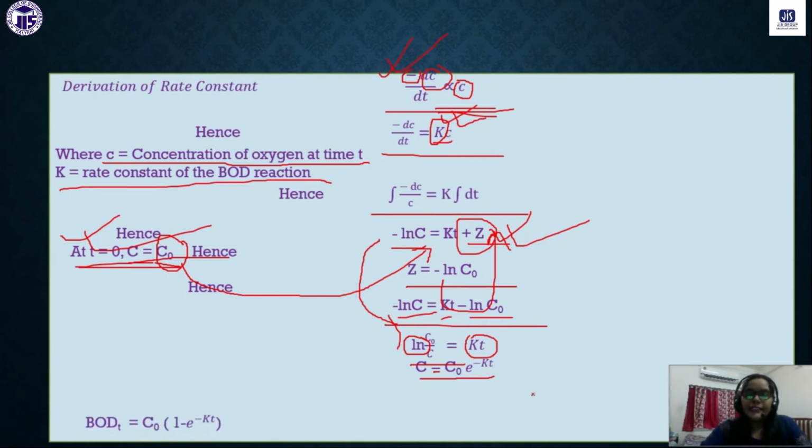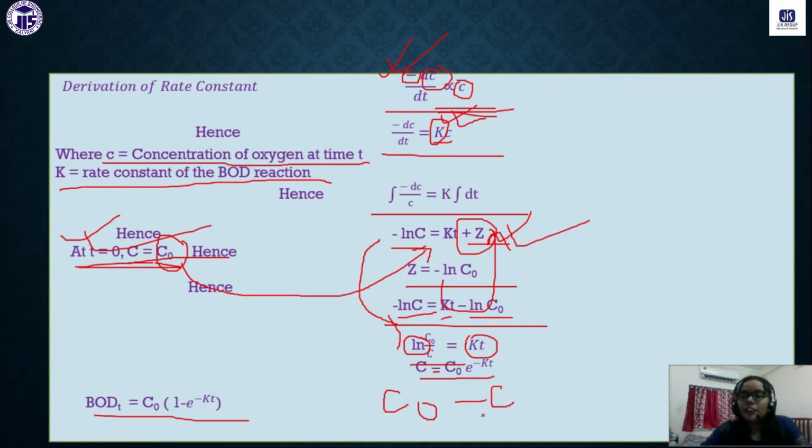Now, the next step is the BOD. Why BOD? Look here, next step, if we incorporate one C value, like C0 minus C, that is equal to what?